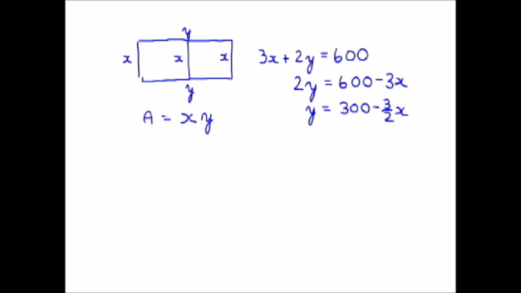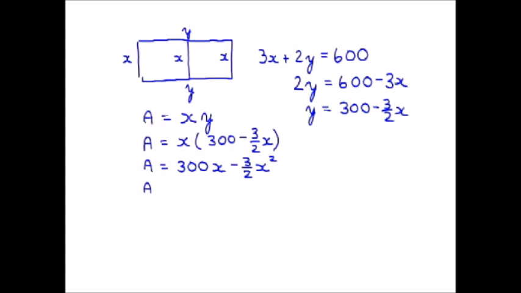So I end up with A is equal to x times (300 minus 3/2 x). I expand that using my distributive property, and I end up with A is equal to 300x minus 3/2 x squared.